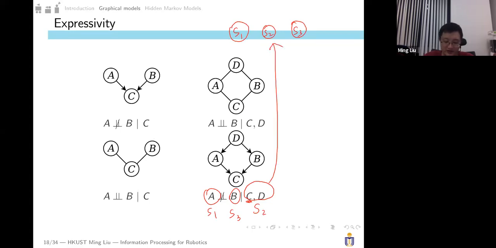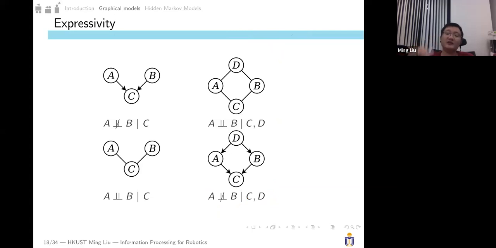C is a descendant, or is itself in the subset S2, so S2 cannot separate A and B. That's why given C and D, A and B will not be independent, because of C. This should be clear.